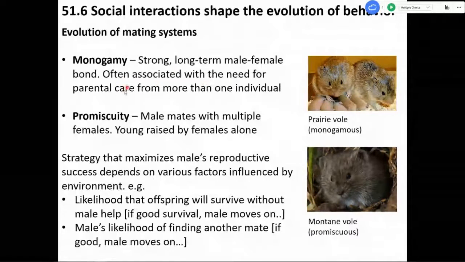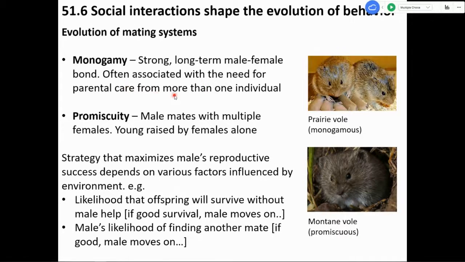Often associated with a need for parental care from more than one individual, so both parents are required in order to successfully raise the offspring that are produced. Whereas this montane vole is promiscuous, so males mate with multiple females, and the young are raised by the females alone. Okay, so very different types of behavior in the way that they reproduce.